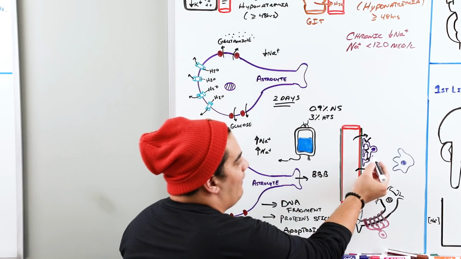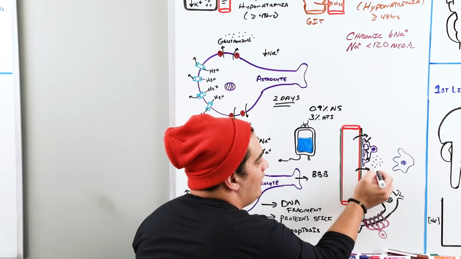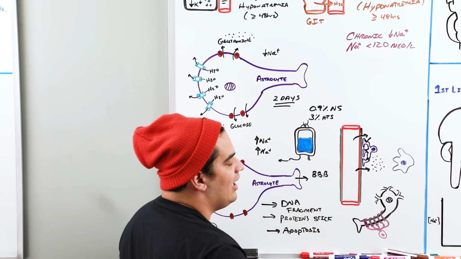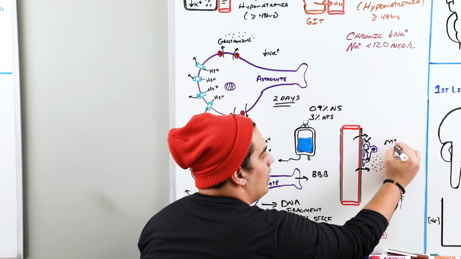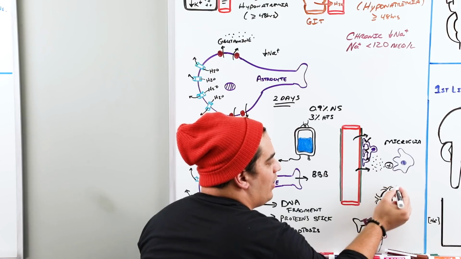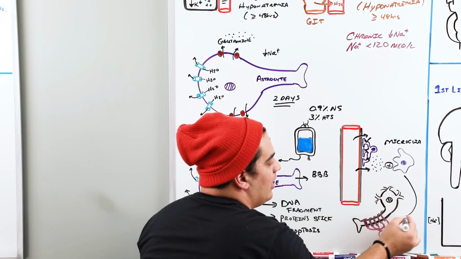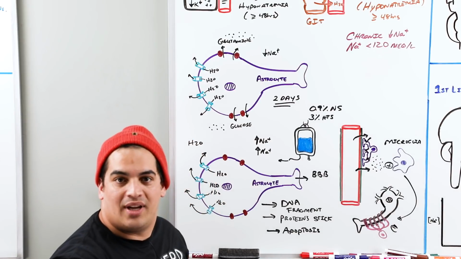Also, whenever these are damaged, it releases a ton of inflammatory cytokines. These inflammatory cytokines will stimulate microglia. And these microglia will lead to an inflammatory reaction that leads to the destruction of the oligodendrocytes.